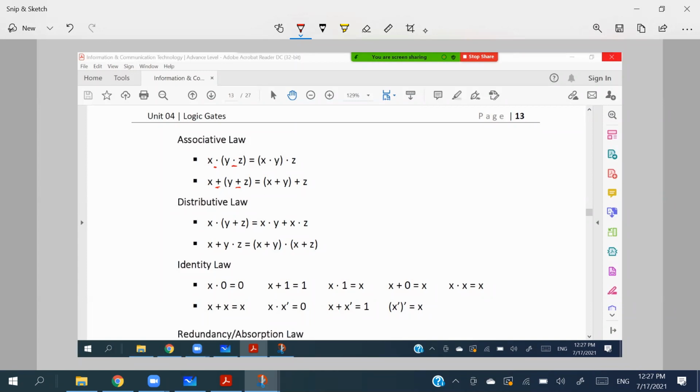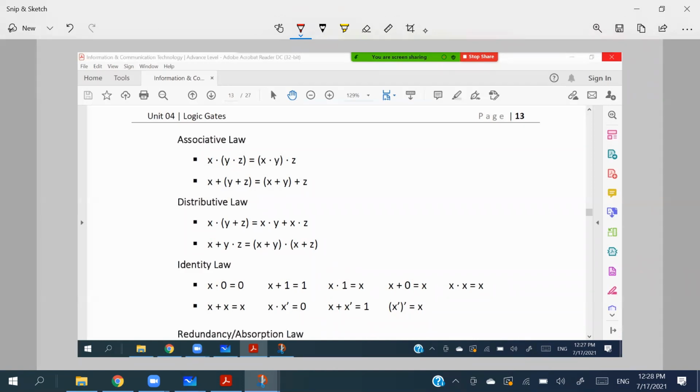So x dot y dot z is said inside brackets, so everything is dot and you can move the brackets. So x plus y plus z is said inside the brackets, so everything is plus, so you can have x plus y as the brackets plus z. Again, remember it is only when the operators are identical in between each other.